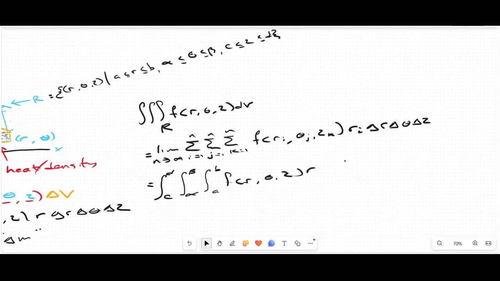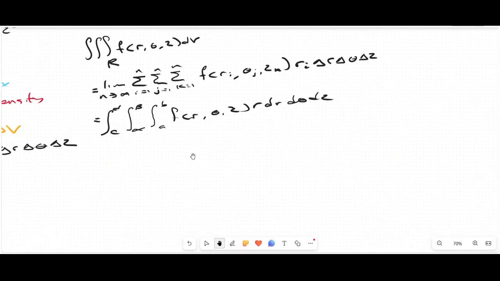It picks up that same factor of R that you always see when you integrate with respect to some kind of polar coordinate system. And then this order is dr d theta dz.